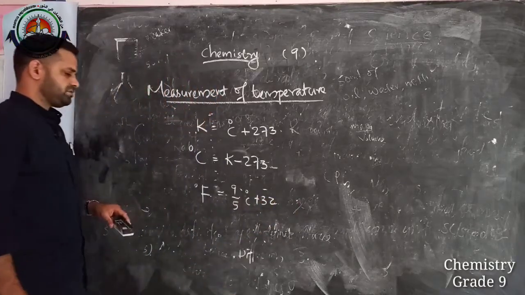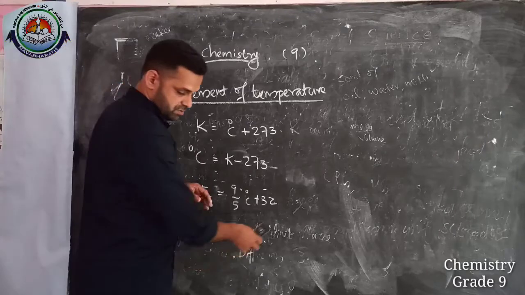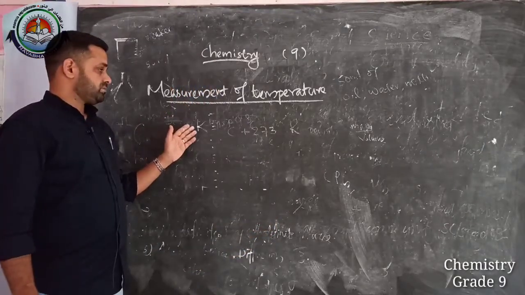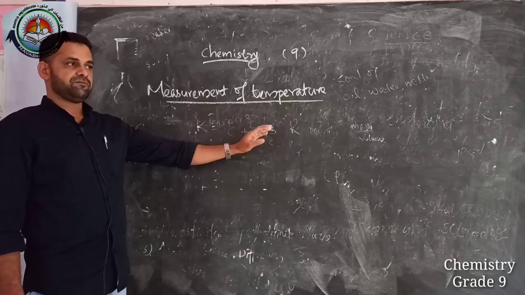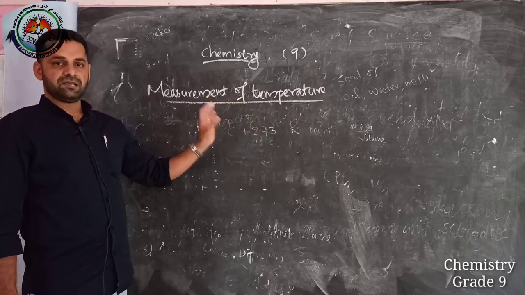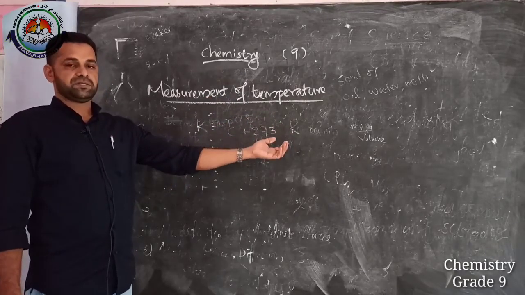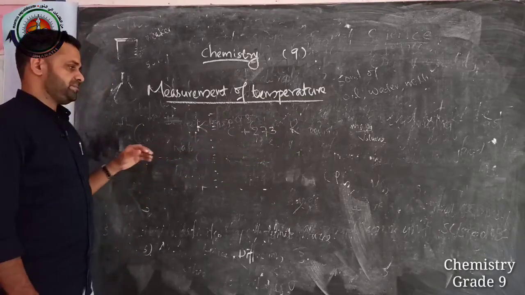That is the relation between degree Celsius and Fahrenheit, but we are not going to discuss this one. Now we are going to discuss some numericals: if the temperature is given in Kelvin scale, how can we convert into degree Celsius, and if the temperature is given in degree Celsius, how can we convert into Kelvin scale.